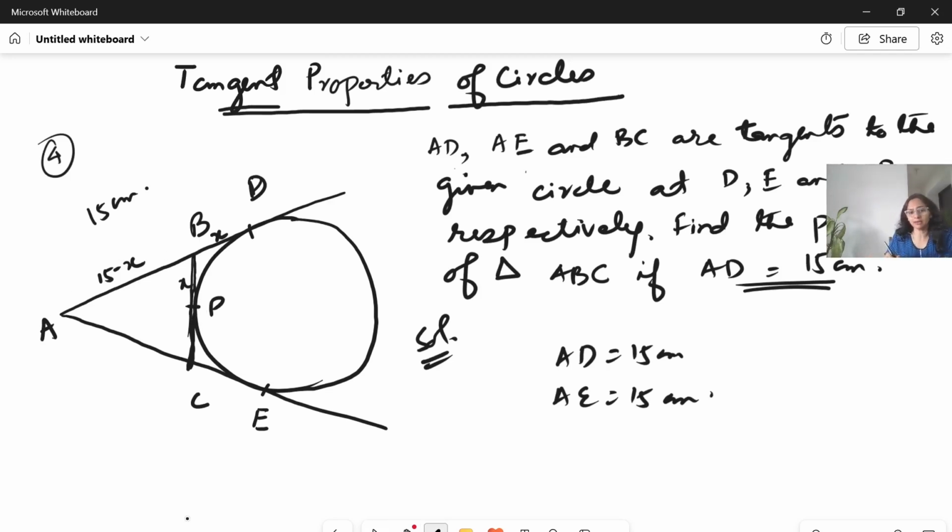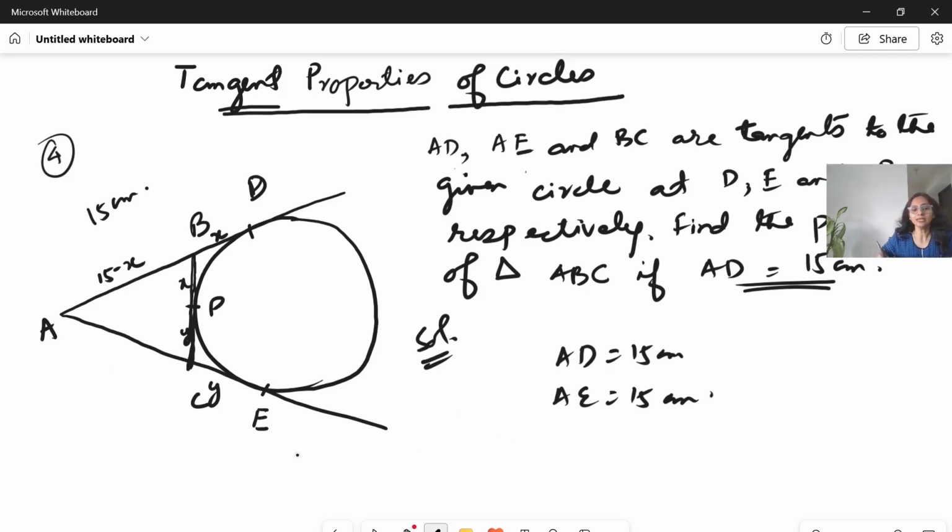And in the same manner, let CE be equal to Y. If CE is Y, then CP will also be Y. And if CP is Y, then what about AC?